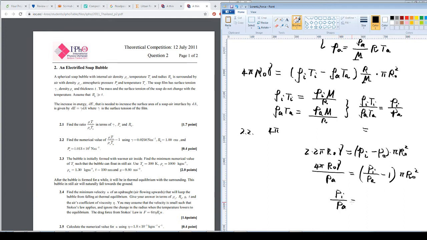So pi over PA is 4 gamma over PA r naught plus 1. So that's what this is: 1 plus 4 gamma over PA r naught. So that's the variables they were looking for.